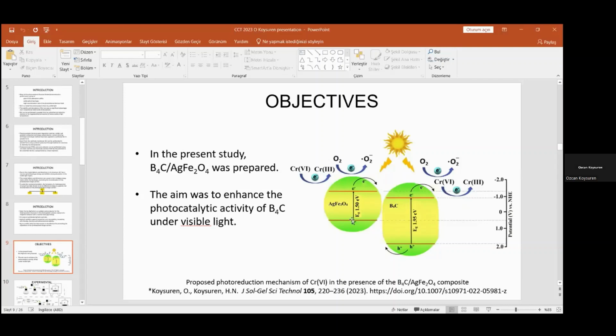Because of these band energy differences, electrons can transfer from the conduction band of silver ferrite to boron carbide, and also the photo-induced hole can transfer from boron carbide's valence band to silver ferrite's valence band. So we can effectively separate photo-induced charge carriers on boron carbide.